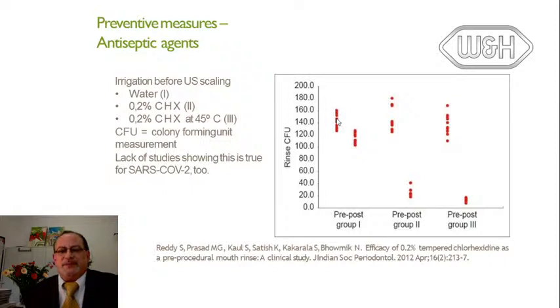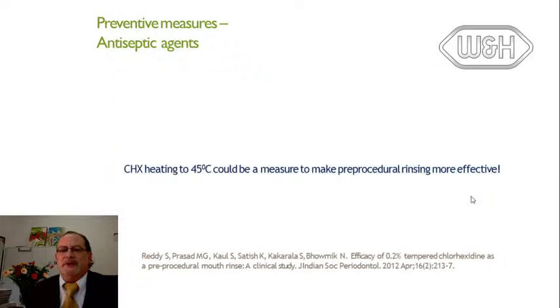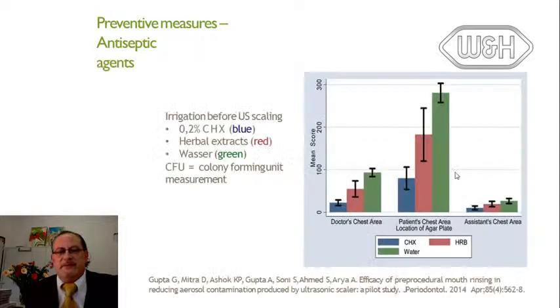This is pre-treatment, post-treatment with water, pre-treatment, post-treatment with chlorhexidine, and we can see that we can get a little bit more effectiveness if we heat up the chlorhexidine to 45 degrees. So we can say chlorhexidine heating to 45 degrees could be a measure to make pre-procedural rinsing more effective.